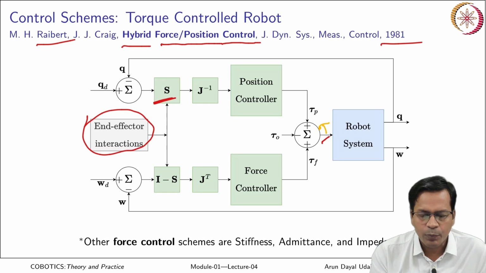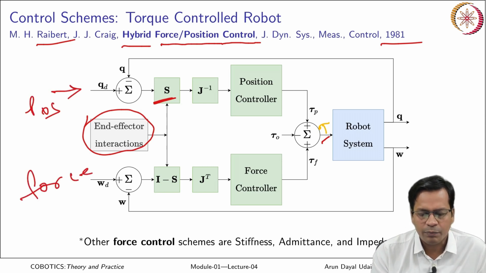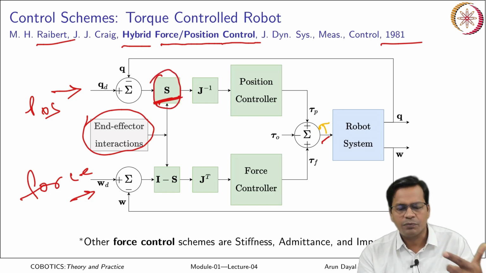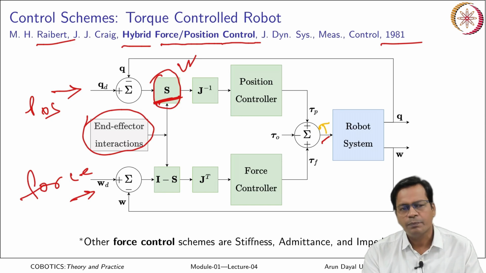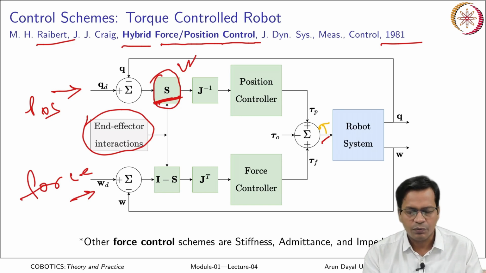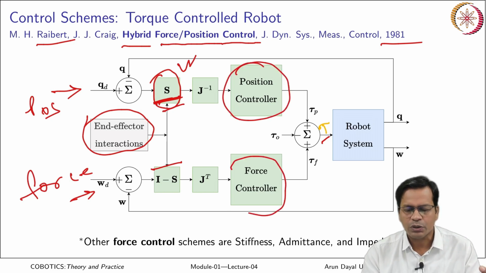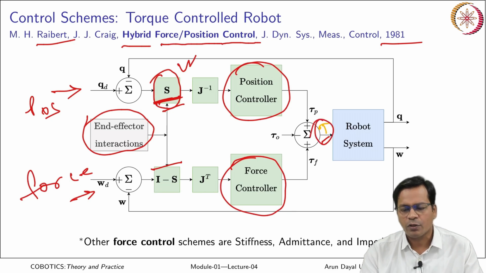Accordingly, this is the position command which goes here, and this is the force command that comes here. If the compliance selection picks force for one of the axes, the other should be position. If it is force over here, it is position over here. So you have a position controller here and a force controller here, and together they send the torque to the robot, and the robot runs.